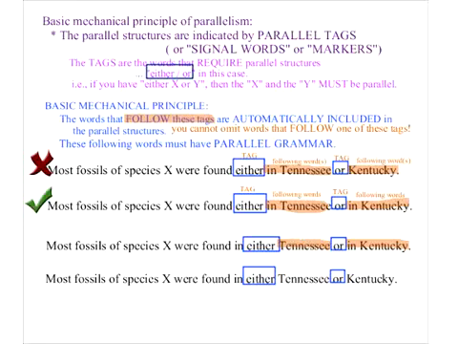So this whole construction is incorrect. And then finally, you have these two tags. Following or, you have Kentucky, which is just a noun. Following either, you have Tennessee, which is also a noun. They're both places where fossils are found. Noun, noun. So this is parallel. It's correct. Any questions about this particular slide?